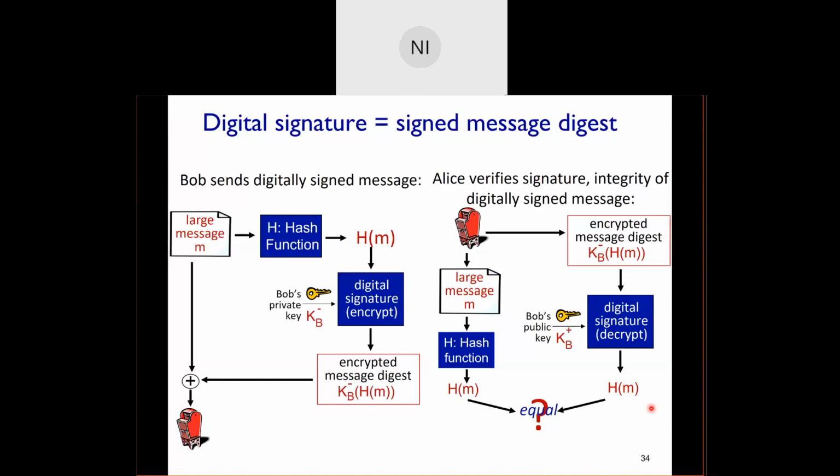As you are saying, Anurag, this trusted third party, which we call a certificate authority, can tell you that so and so is indeed the public key of Bob or Alice or whoever it is. So the job of the certificate authority is to tell you that yes, this is indeed the public key of so and so.